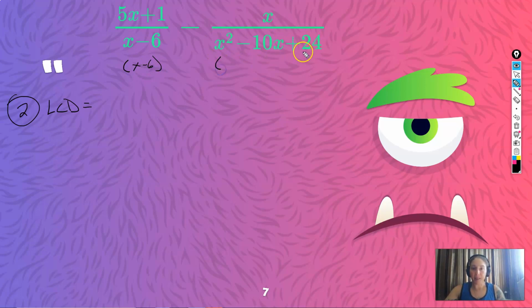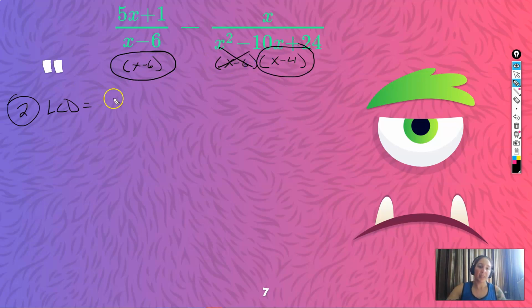It's going to be x minus 6, x minus 4. Negative times negative, positive 24. Negative 6 plus negative 4, negative 10. Alright, so the LCD then is going to be, I'll take that x minus 6, which means I don't need that one, and I'll take that x minus 4. So my LCD is going to be x minus 4 times x minus 6.